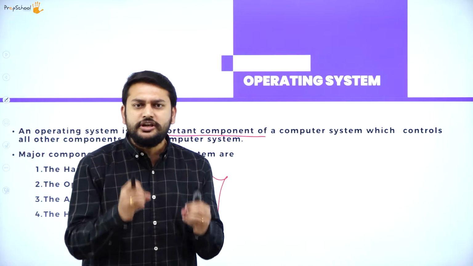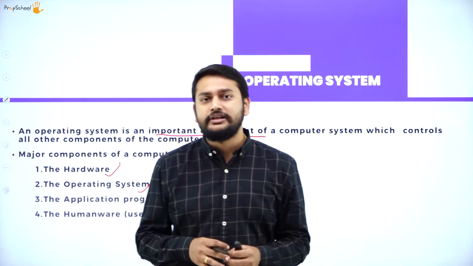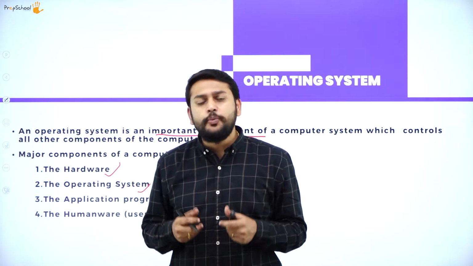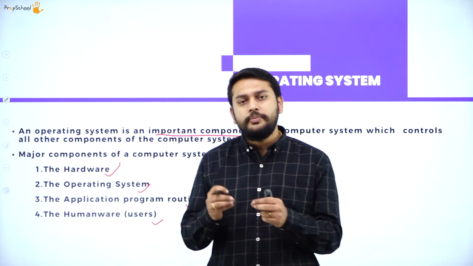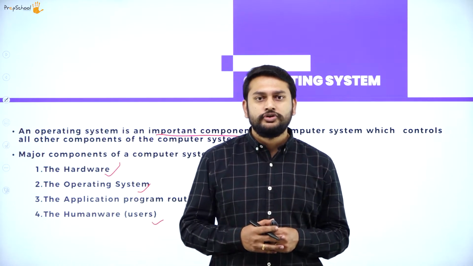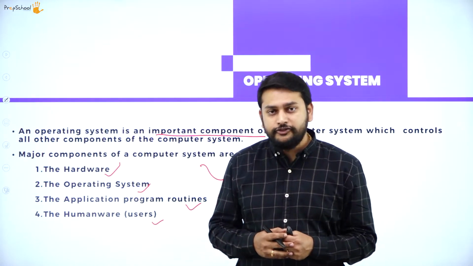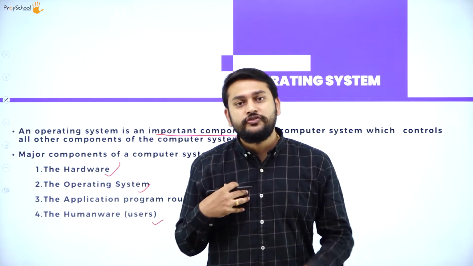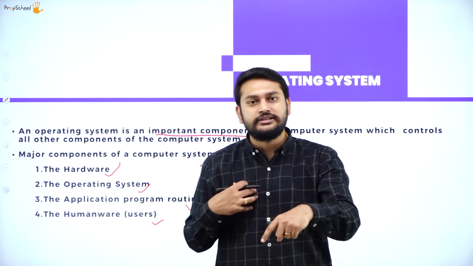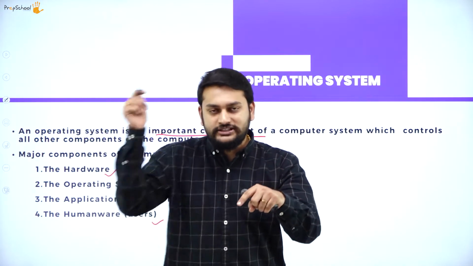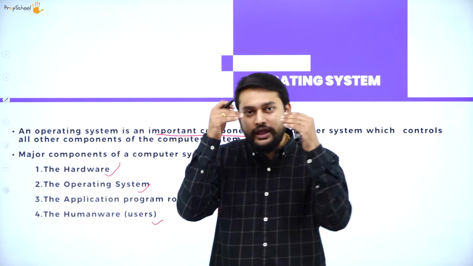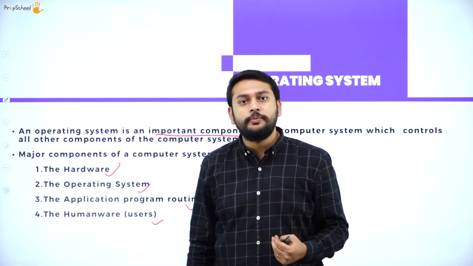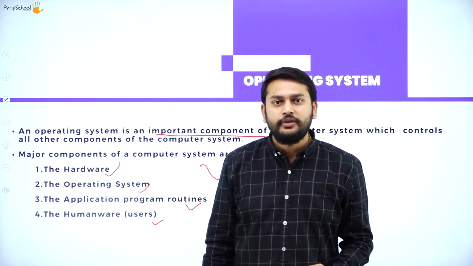Let me tell you something interesting about what the operating system is doing. If I want to perform a task in the system, I have to assign one process, and the process will execute my task. For the process to execute that task, I have to allocate memory. Only then will the process be able to execute the task.